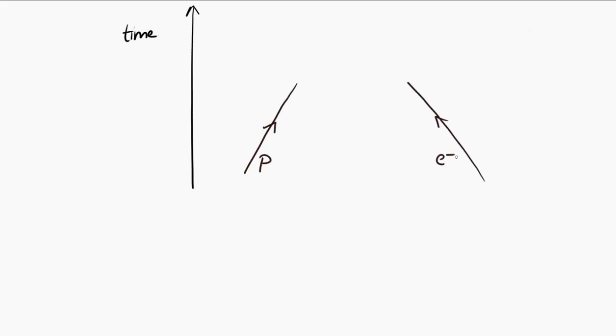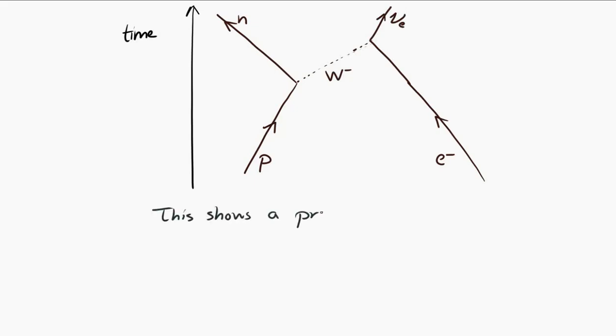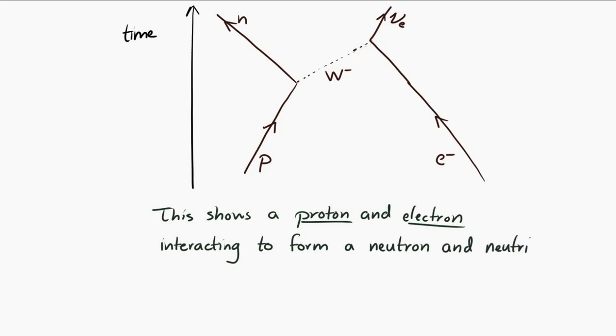Now, I can draw a different diagram. Let's say that we have a proton and an electron, and we have this happen. What this is showing, and again, time is going along the vertical axis, is a proton and an electron interacting and resulting in a neutron and a neutrino.